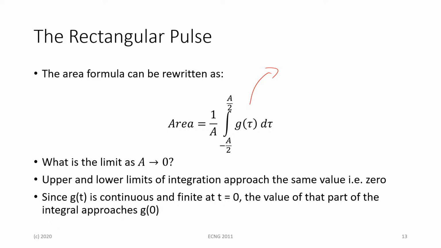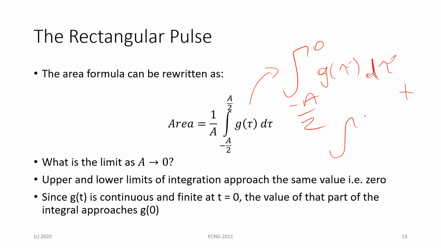So you need to break this integration to encounter that 0 value. It will go negative a on 2 to 0 of g of tau d tau, and then you need to do another integration, 0 to a on 2 of g of tau d tau.